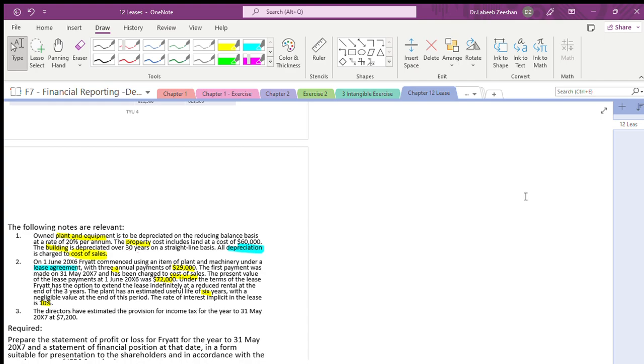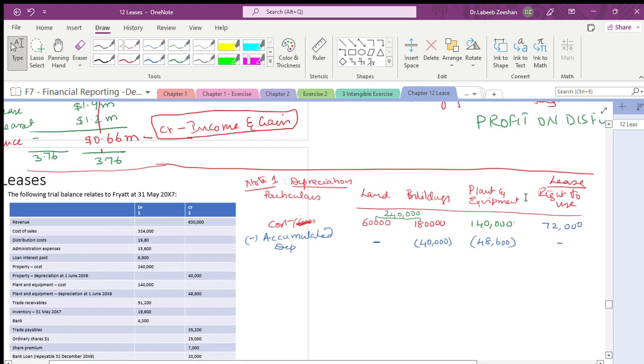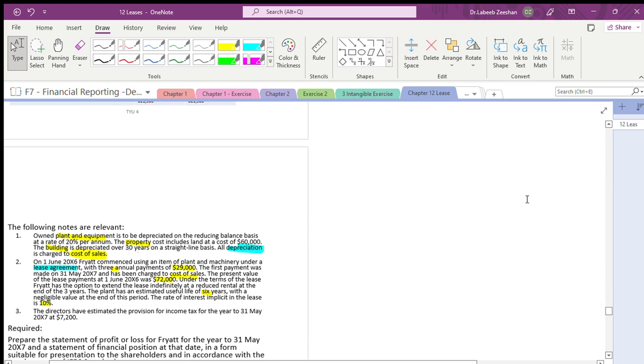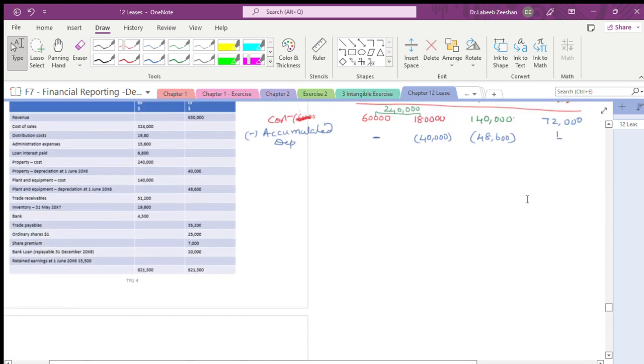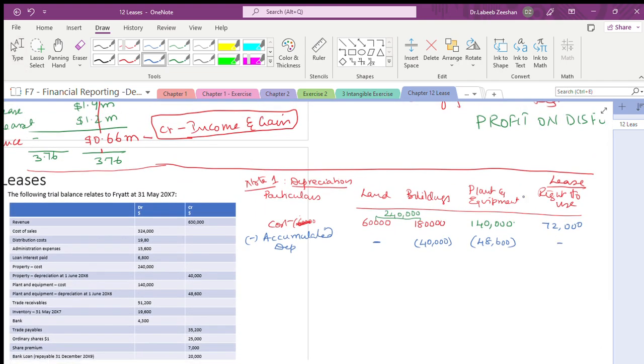See, this is what it says: plant and equipment, reducing balance method. Depreciation on reducing balance. And buildings is on the straight line method.